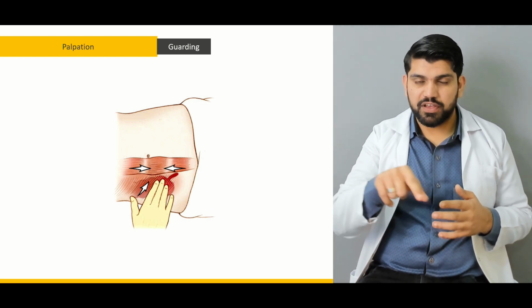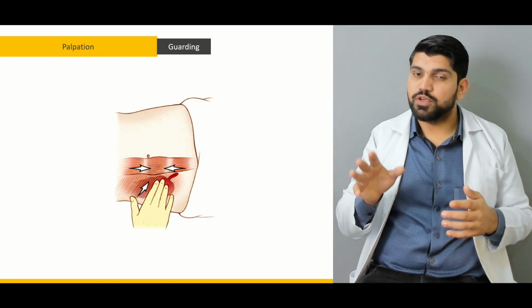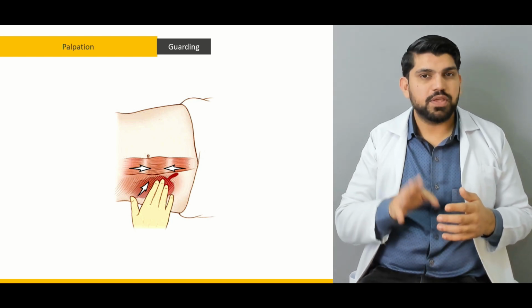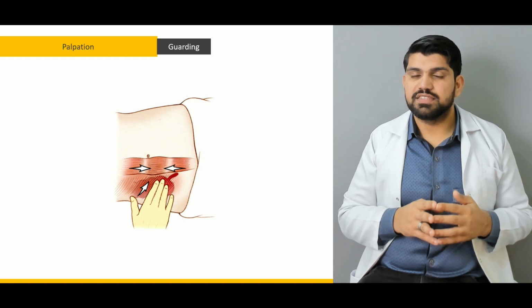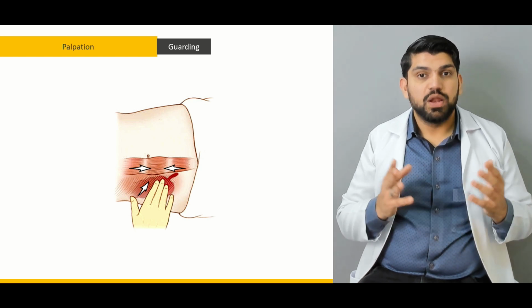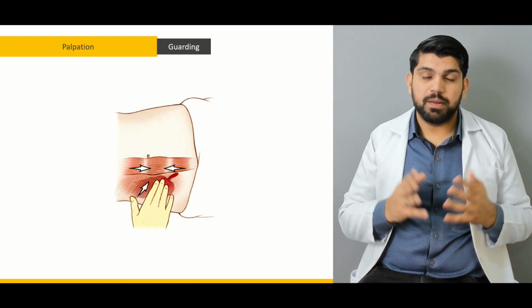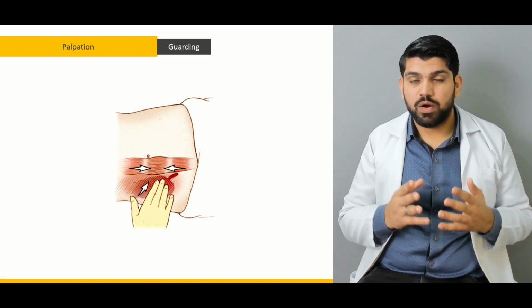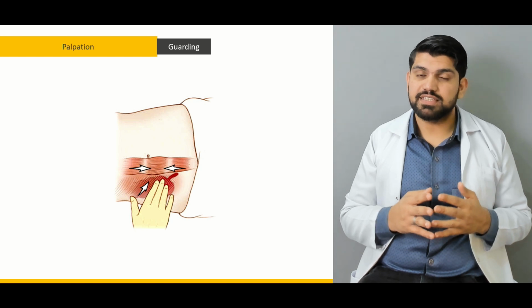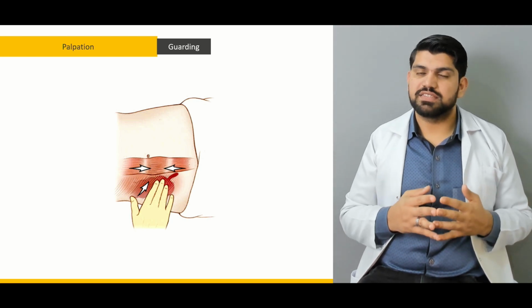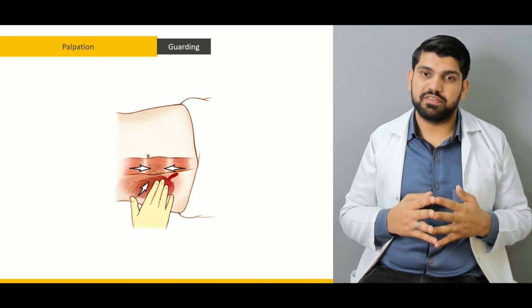You identify with your fingertips where the pain is, because once you use your whole hand, you cannot identify the pain site. Look for costovertebral angle tenderness. Palpation of costovertebral angle tenderness can make you elicit that this patient might be having pyelonephritis.